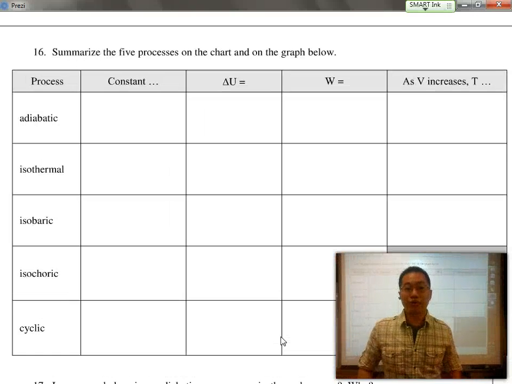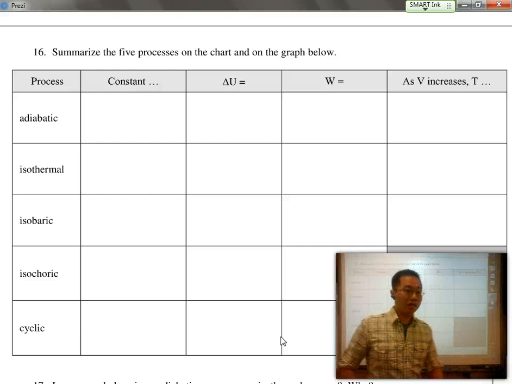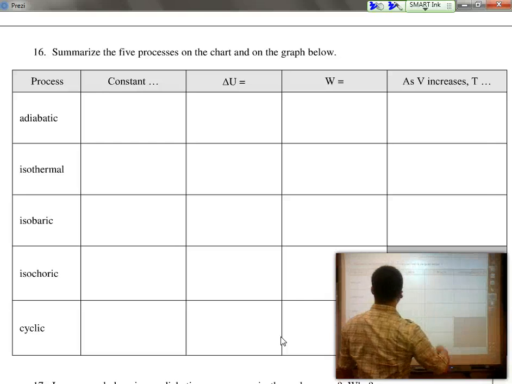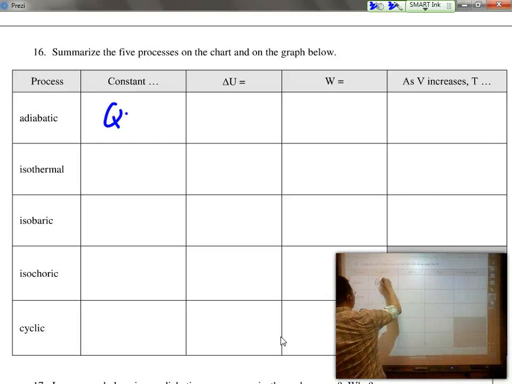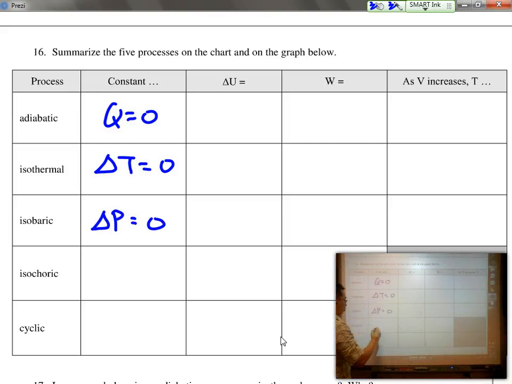So now if we were to quickly summarize all of the different processes that we've learned, adiabatic means that Q is equal to 0. We know that during isothermal, temperature stays constant, so delta T is equal to 0. Isobaric means that there's no change in pressure, and isochoric means that there's no change in volume.